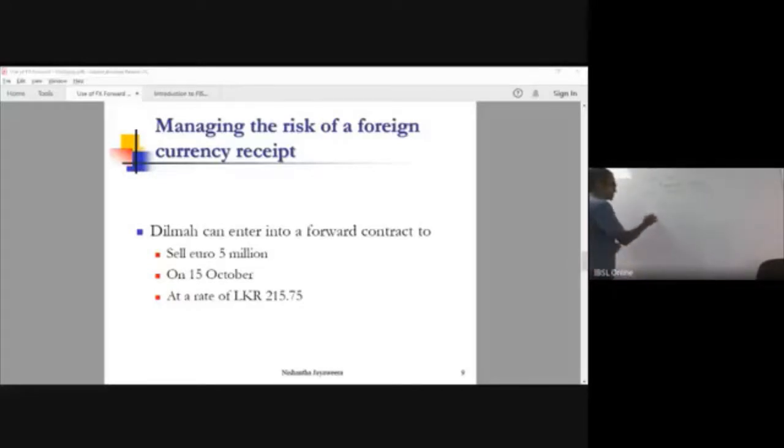Importer, exporter, what is the impact if the domestic currency appreciates or depreciates?